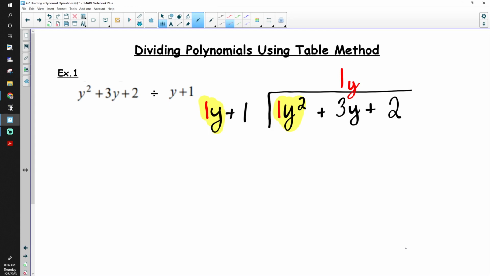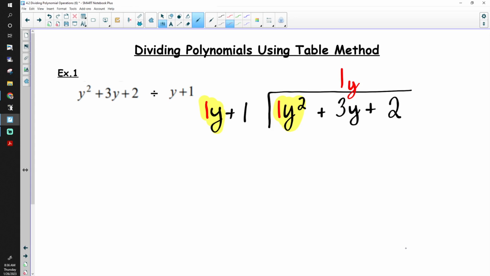Now this is what's really hard. You got to wrap your mind around. 1y plus 1 fits into 1y squared plus 3y 1y times. Okay, just like 9 fit into 12 how many times? Once.